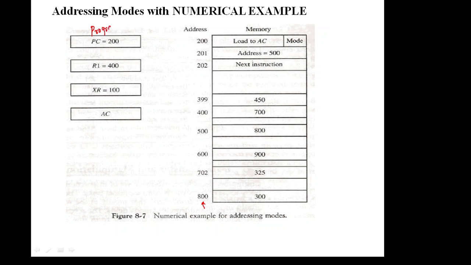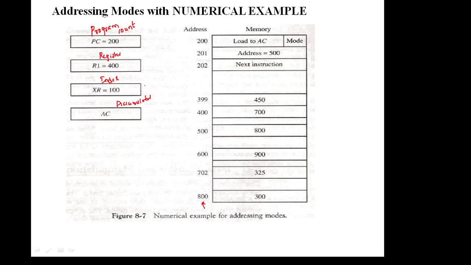I have told you before, program counter is used to store the address of the next instruction. R1 is the register, XR is the index register, and AC is the accumulator. Fine. These are the contents.